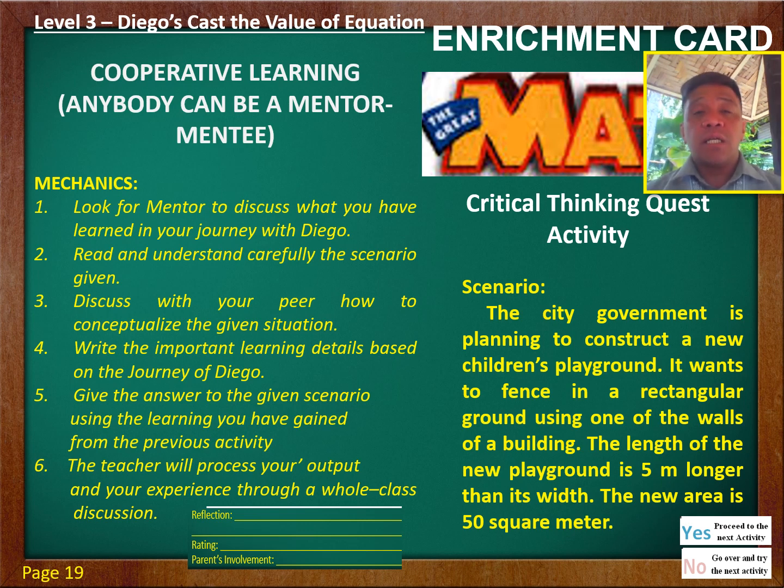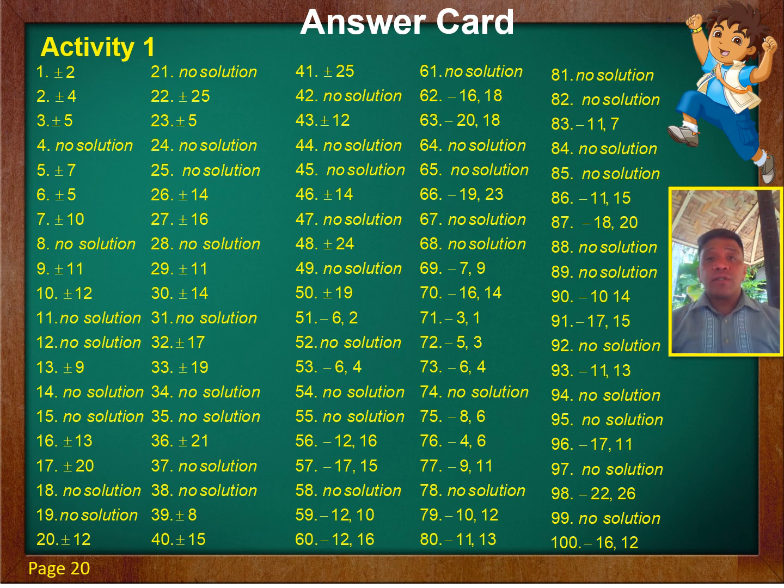You are going to improve yourself through cooperative learning, following the rubric standard, focusing on a scenario that shows how to use the quadratic equation in real life situations. And this answer card will guide you on whether your answer is really correct. So you're going to work on this answer card.